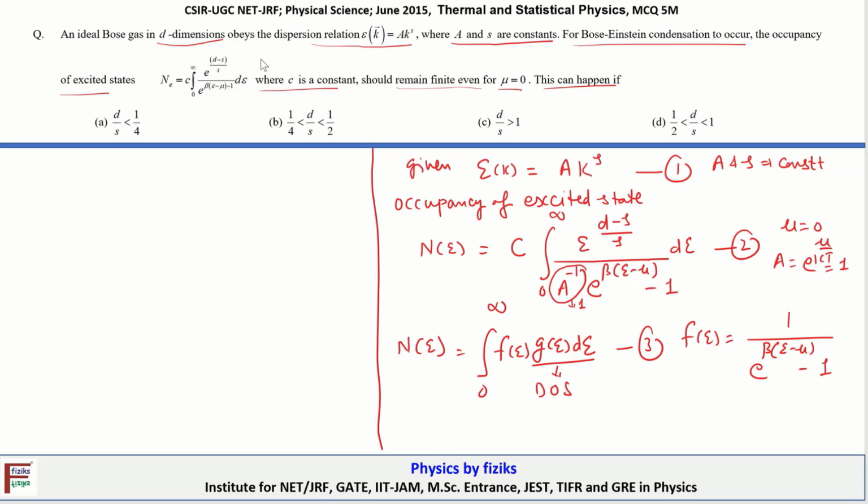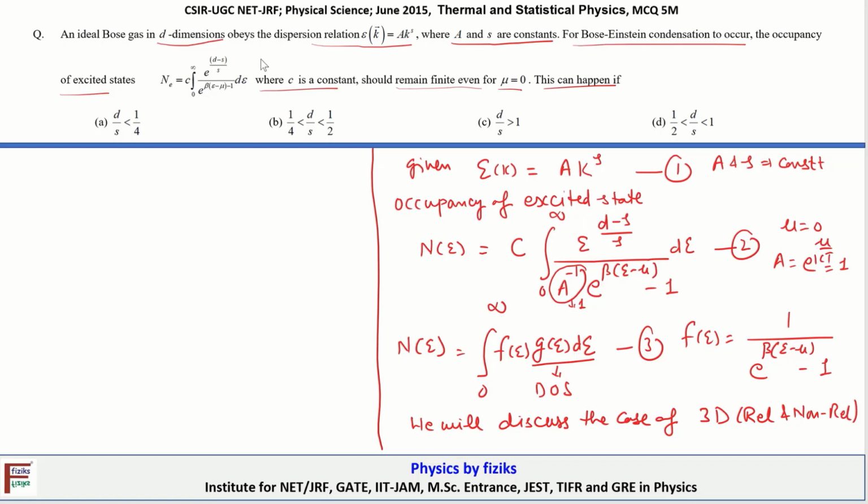So we will discuss the case of 3D, relativistic and non-relativistic.